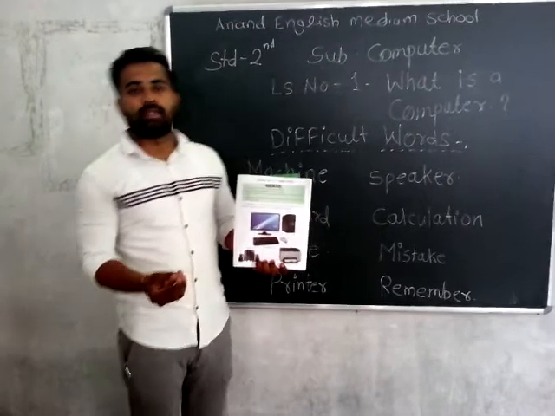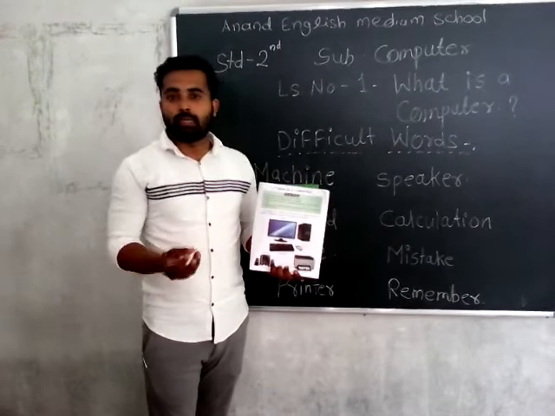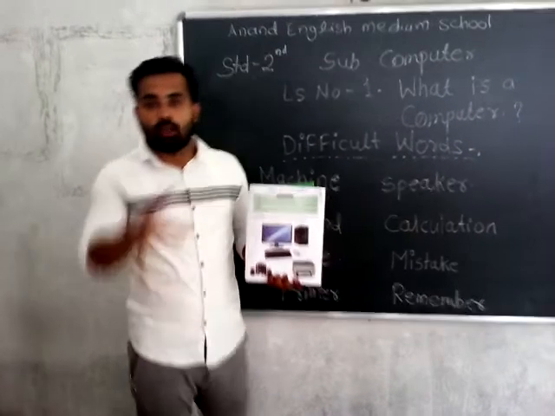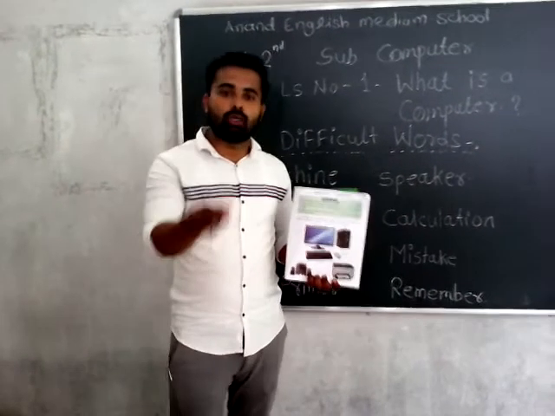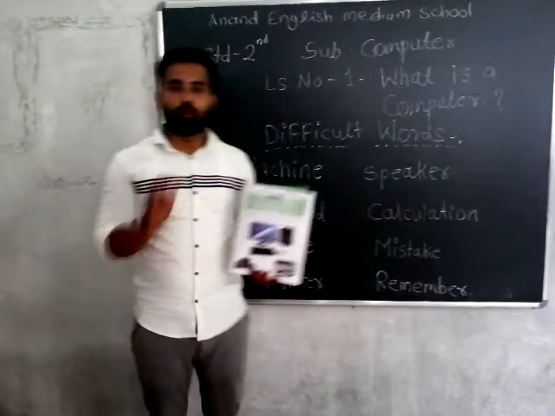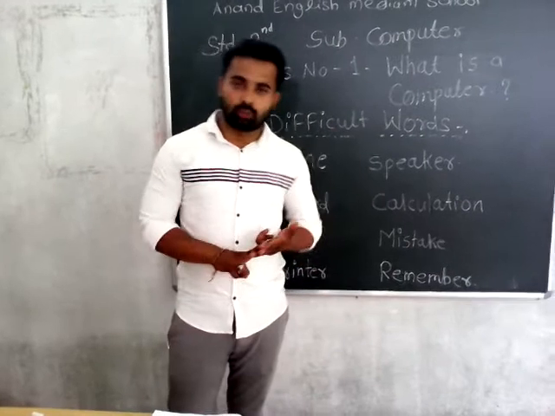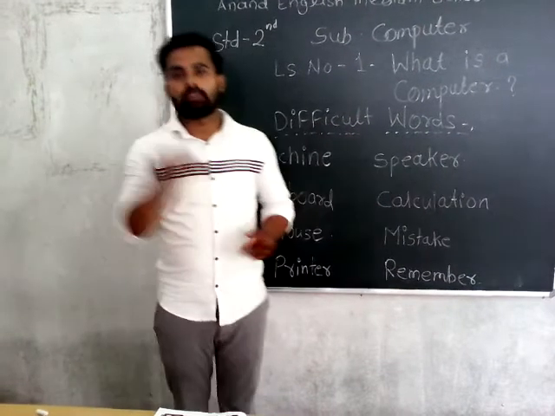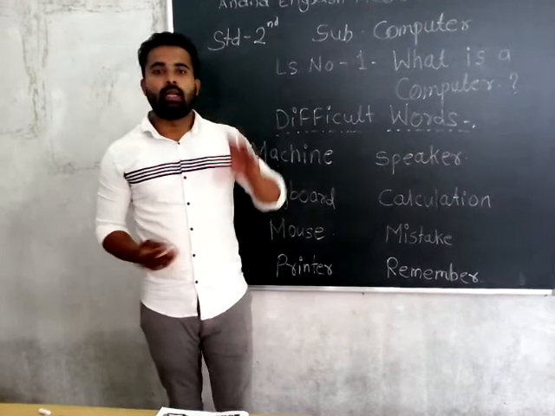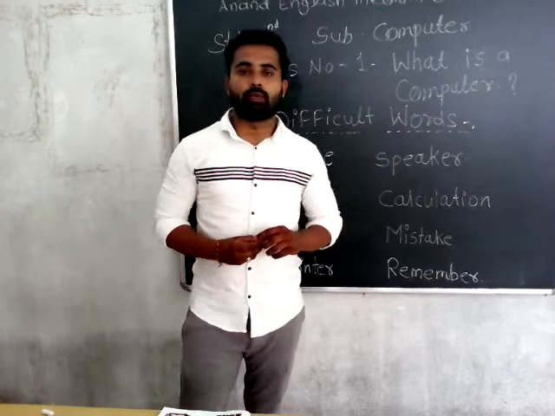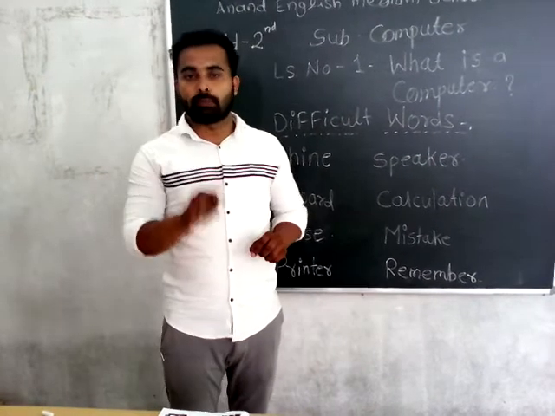As its name suggests, the processing unit processes all the data which you give to the computer. That means if you are doing a calculation, for example, adding two digits, first one 5 plus 3, what operation will you do? Addition, that means plus.